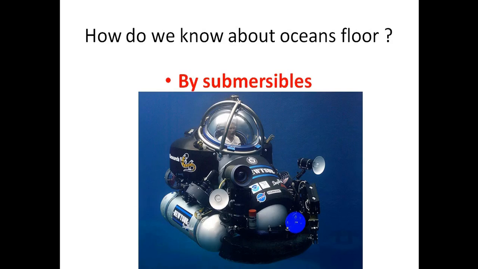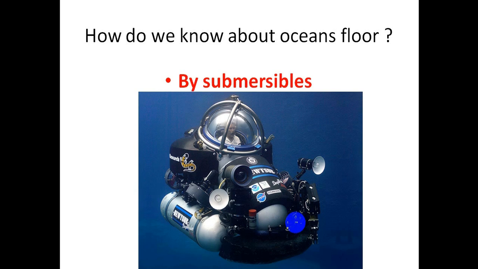Here, how do we know about the ocean floor? Maybe scientists know very little about oceans. They don't know a lot about the ocean floor because, as we said, the ocean floor is very dark, very cold, with very high pressure, and that's why not just any submarine can reach the very deep ocean, but they use a special kind of submarine called submersibles.